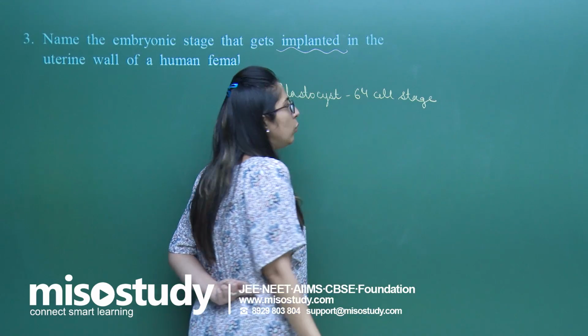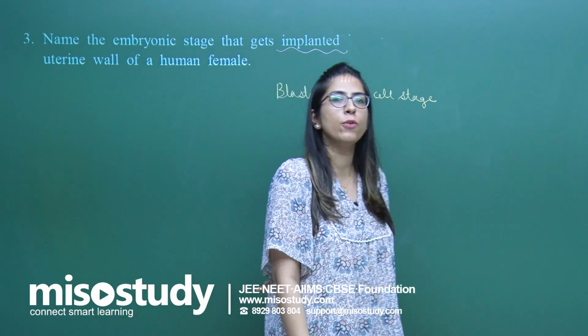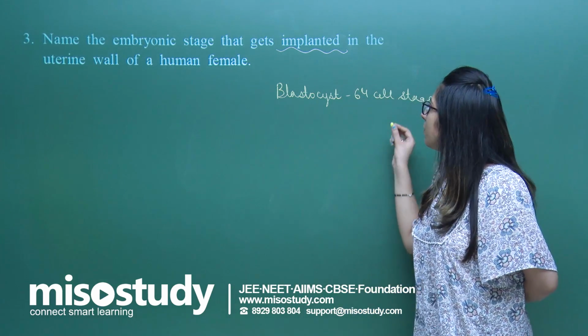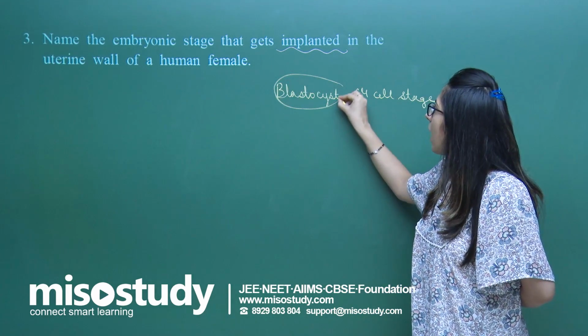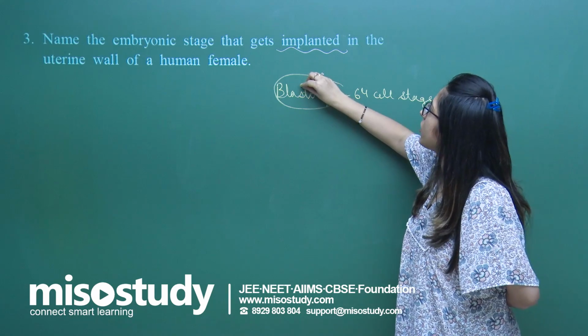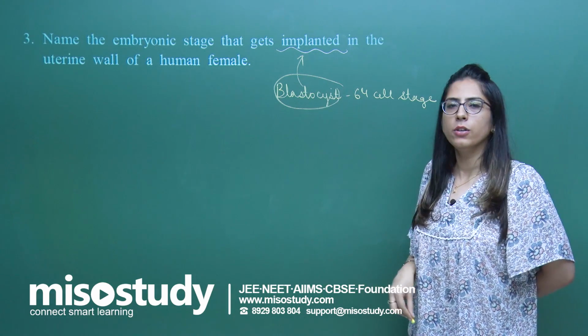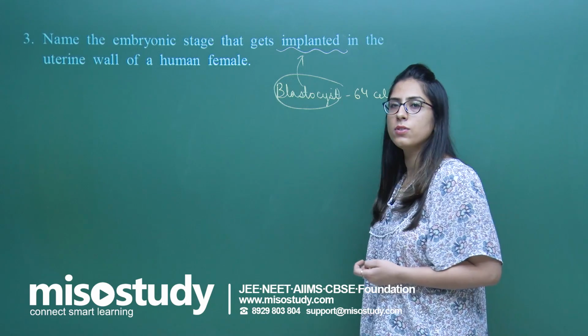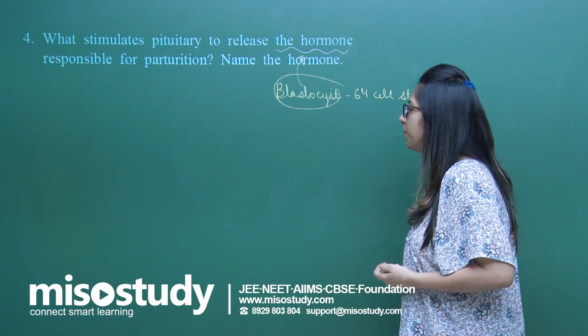In this we have two layers present: one is called the trophoblast and the second is the inner cell mass. The blastocyst is the one which gets implanted into the uterine wall of a human female. So the answer for question number 3 is blastocyst.